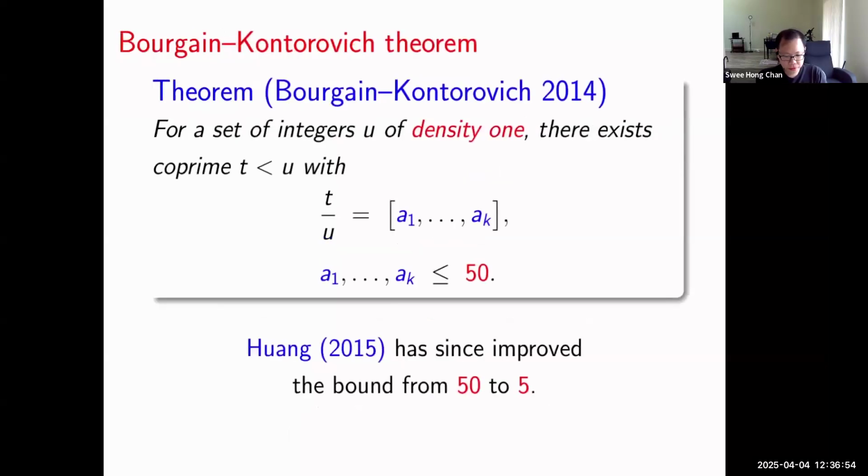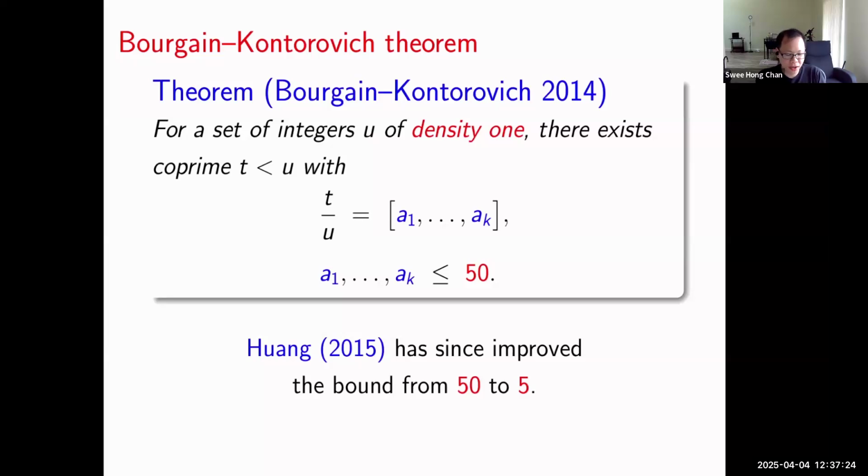Okay, let me just move on quickly. For a very long time, there was no progress at all for this conjecture, until finally in the year 2014, Bourgain and Alex Kontorovich, the same one, my co-author, made a big breakthrough where they created a method called the orbital circle method.